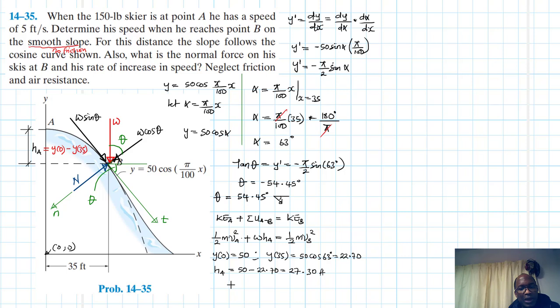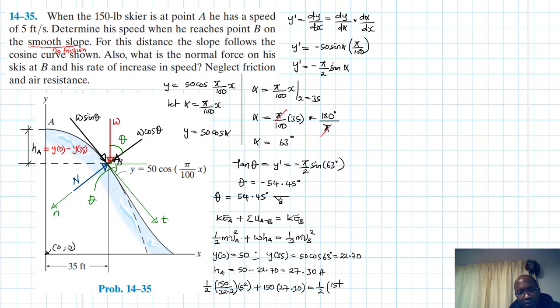So what we need to do now is to feed all those inputs in there. So we have 150 divided by 32.2, then times VA, which is just 5 squared, plus we have W. Our W is 150, times HA, 27.3, and this is equal to half.